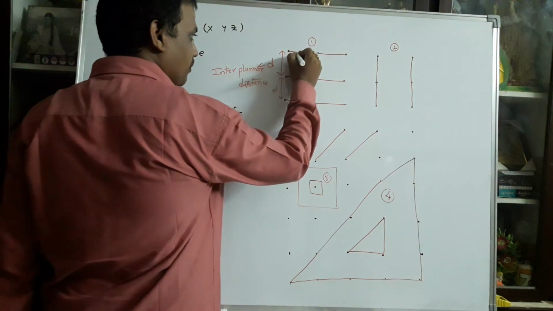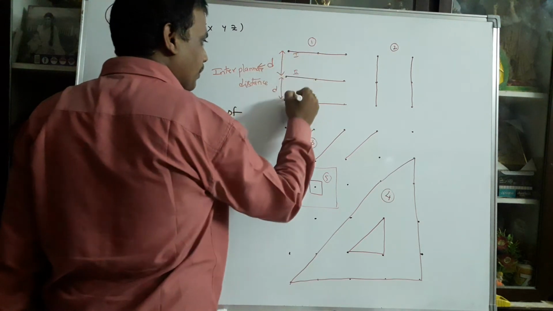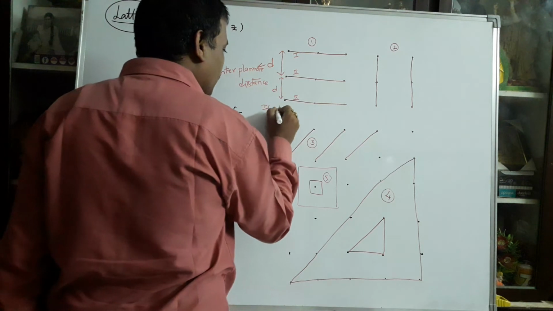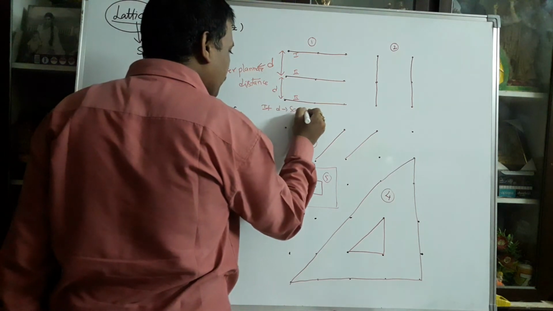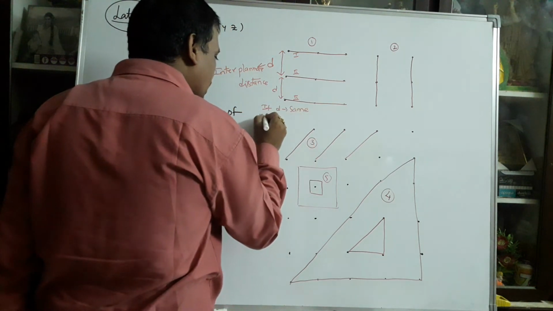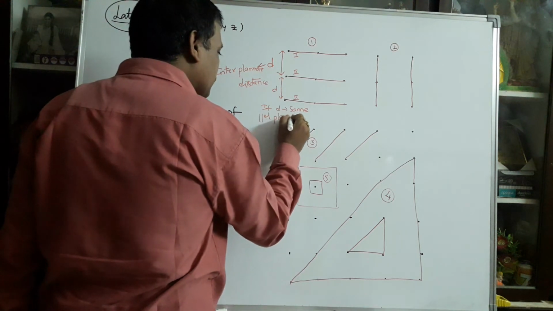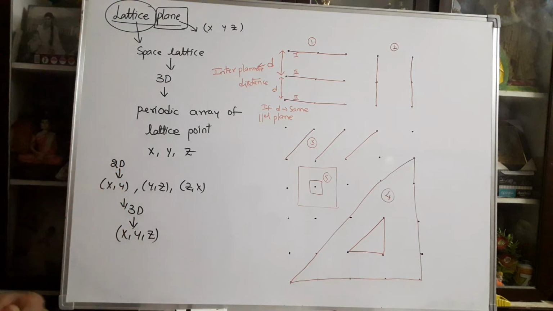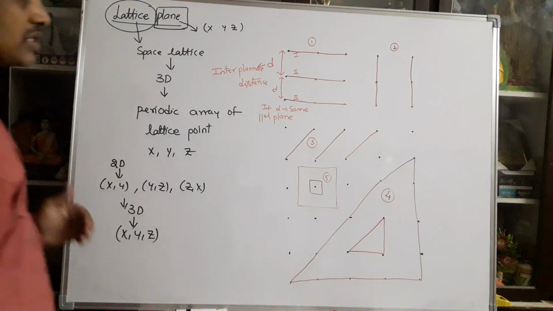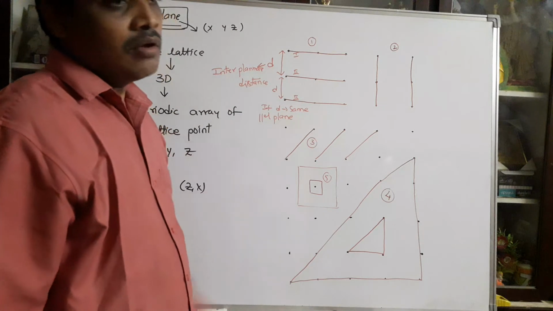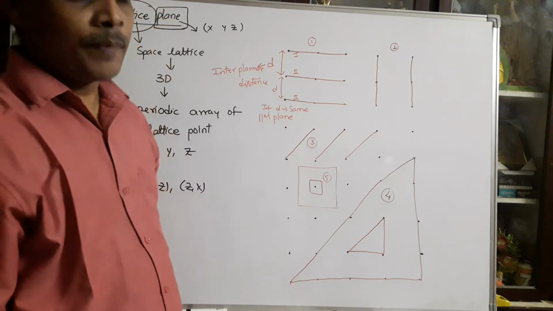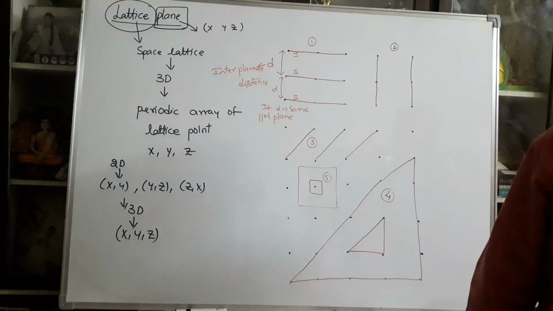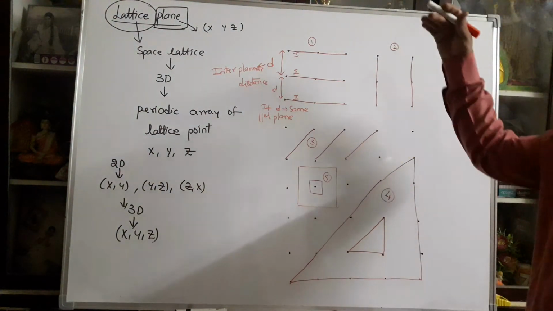So plane 1, plane 2, plane 3 are parallel planes. If d is the same, those planes are called parallel planes. If the interplanar distance between two successive lattice planes is equal, then you maintain the same distance, and those planes are called parallel planes. So parallel planes means the interplanar distance between two successive planes is always constant throughout the structure.